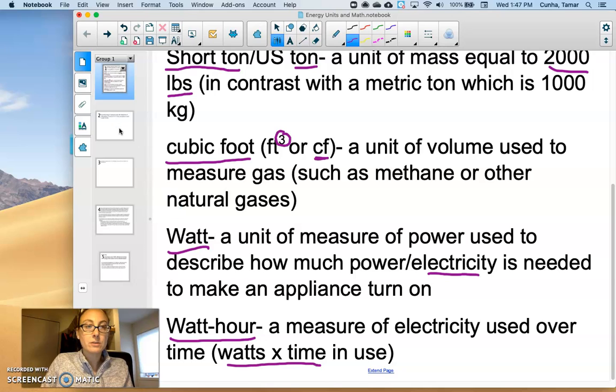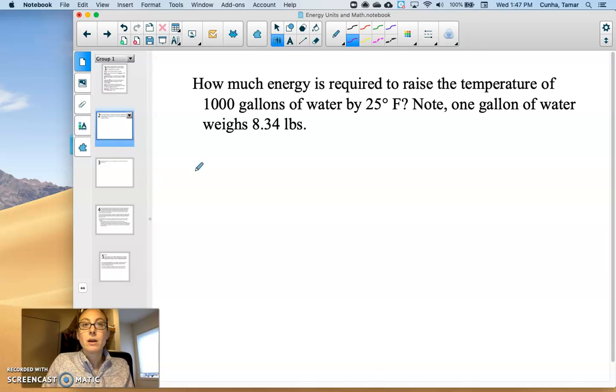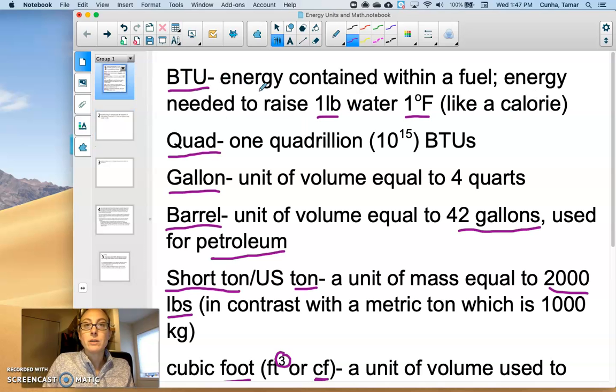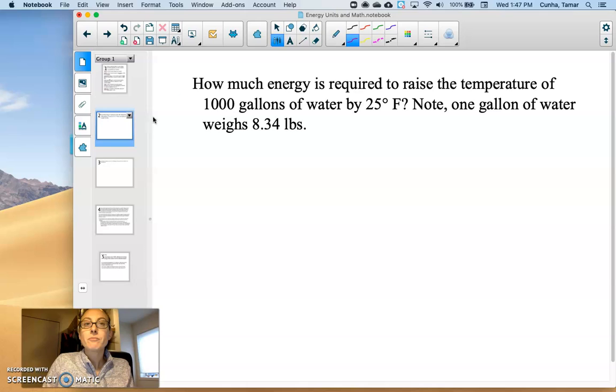So let's see how some of these are used in math problems. We want to know how much energy it would take to raise the temperature of 1,000 gallons of water by 25 degrees Fahrenheit. And in order to do that, we need to know, first of all, that a gallon of water has a certain amount of weight, because we saw that BTUs raise pounds of water in temperature.